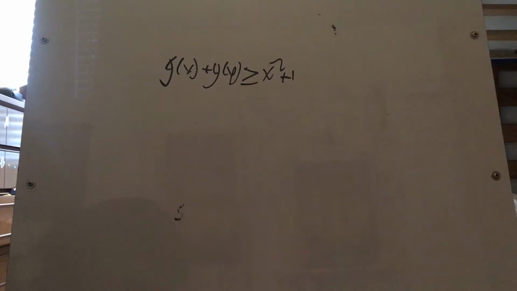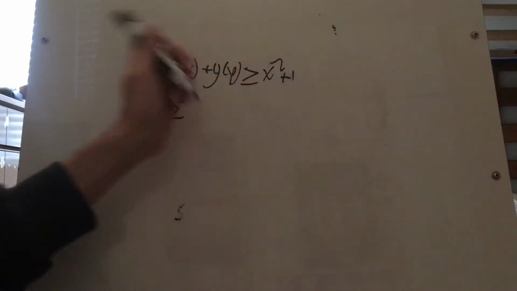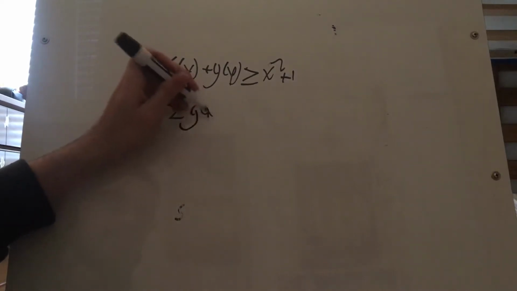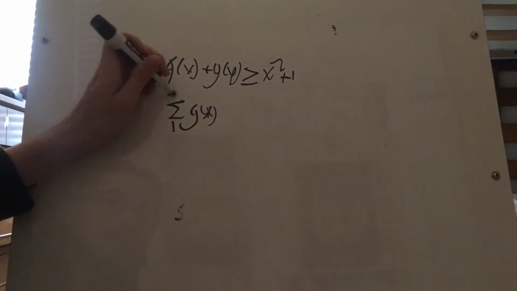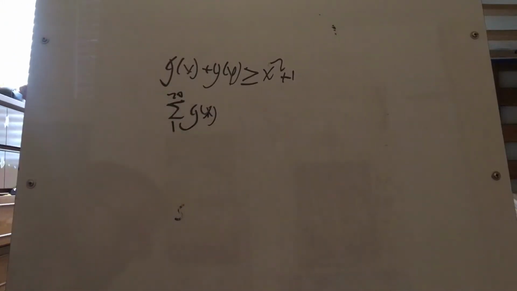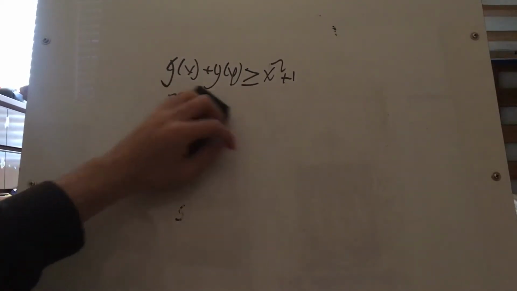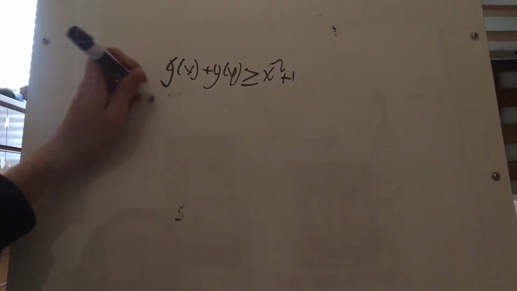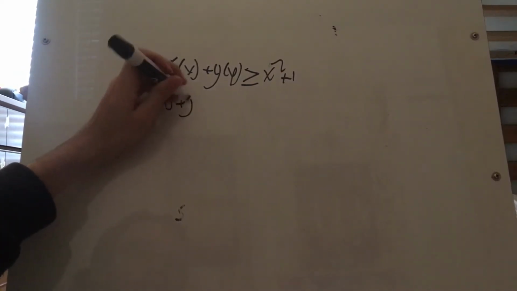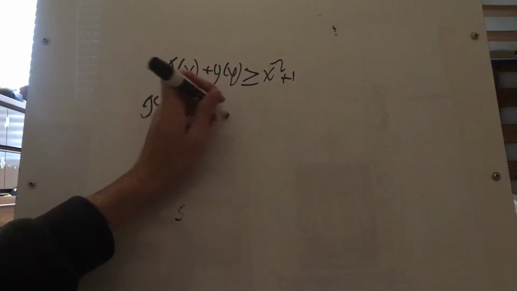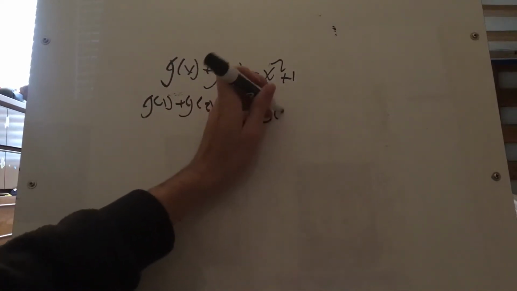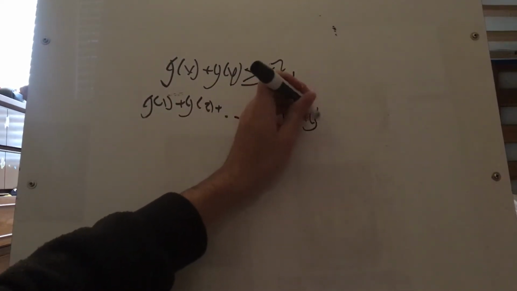Of every function with this property, we take the one where the sum of g of x from 1 to 20 is the smallest possible. And then we want the smallest possible value of g of 14. So, starting off, we have g of 1 plus g of 2 plus all the way to g of 19 plus g of 20.